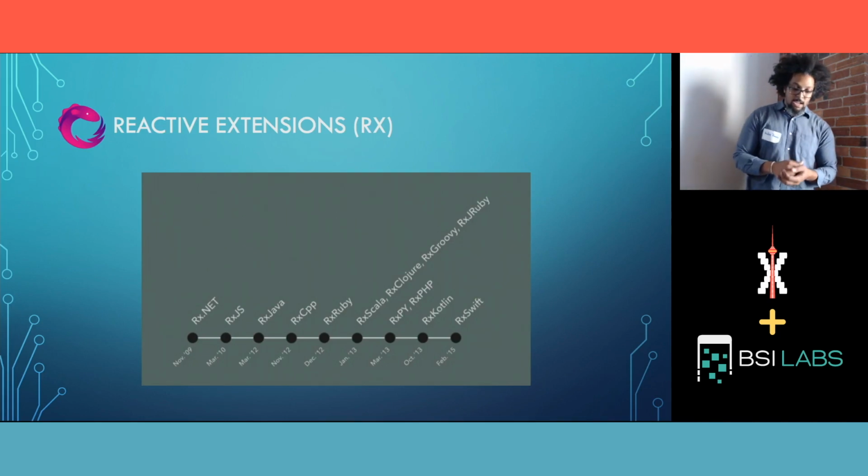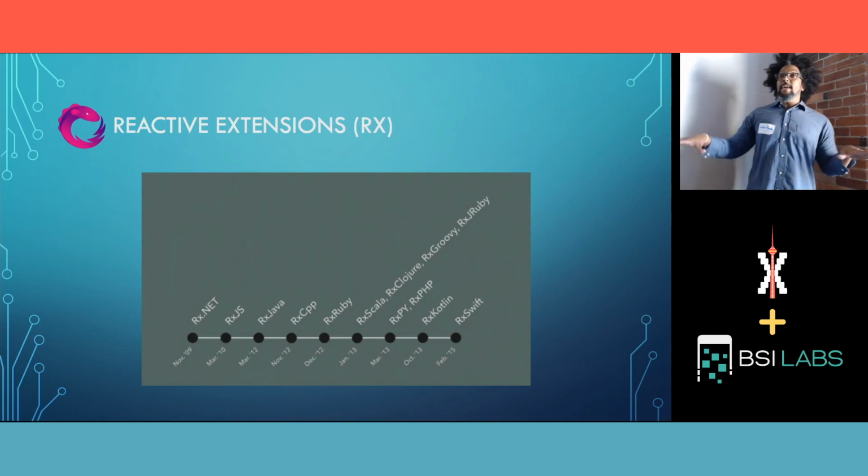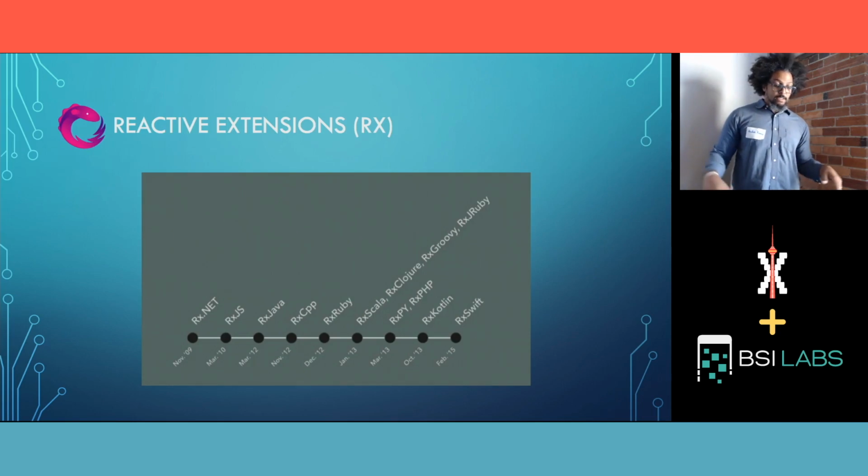I hope that changes, because this is good stuff. It was created in the .NET world by one of the Microsoft teams, and I think we are the ones that adopted it last.